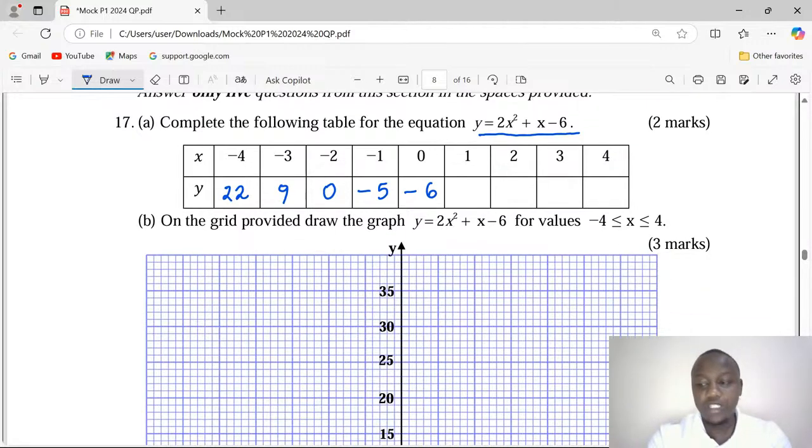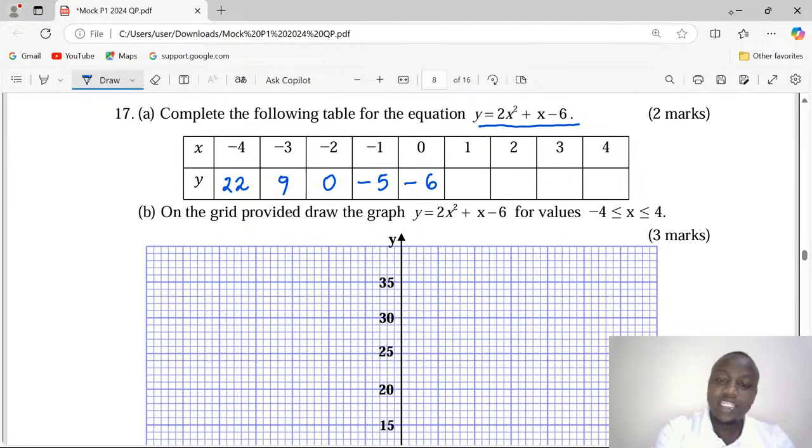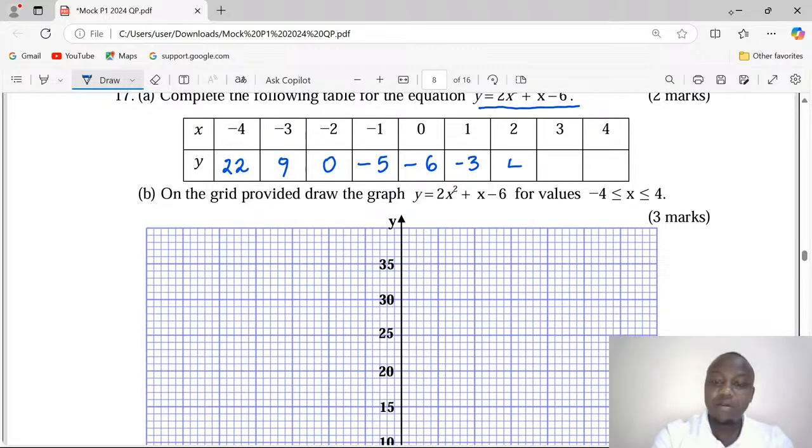You substitute positive 1, and you get negative 3 as the value of y. You substitute positive 2, and you get 4. When you substitute positive 3, you get 15. And when you substitute 4, you get the value of y as 30.